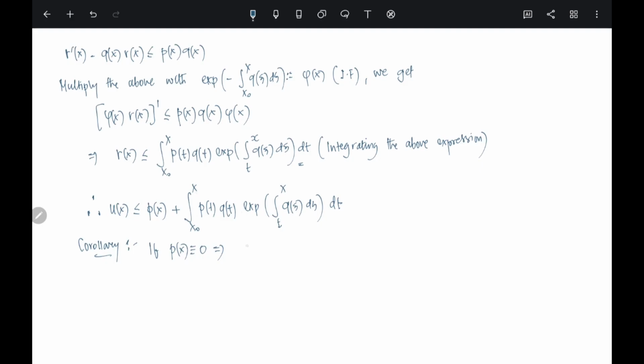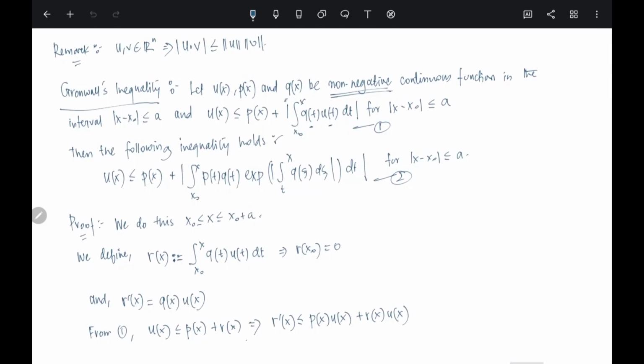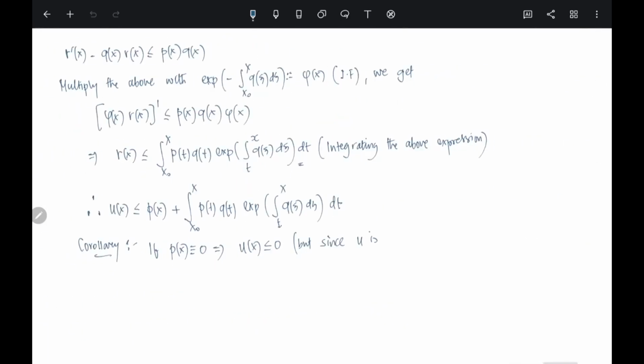So basically it means that u of x is always dominated by 0, but since u is non-negative, this is our assumption, that will imply that u of x has to be identically equal to 0.